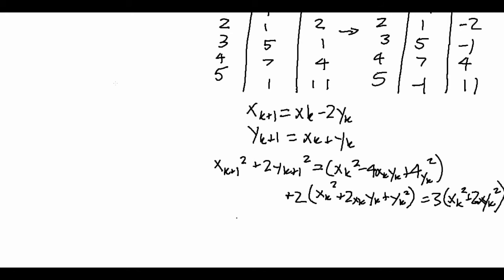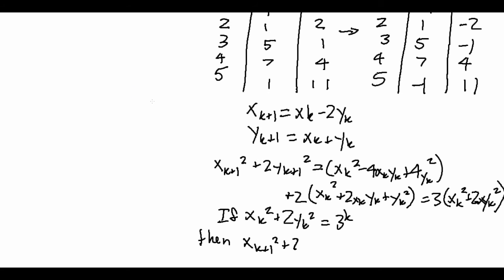From here we can use induction to prove the theorem. So if xk squared plus 2yk squared equals 3 to the k, then if we substitute that into the equation, xk plus 1 squared plus 2yk plus 1 squared is equal to 3 times 3 to the k, which is 3 to the k plus 1.